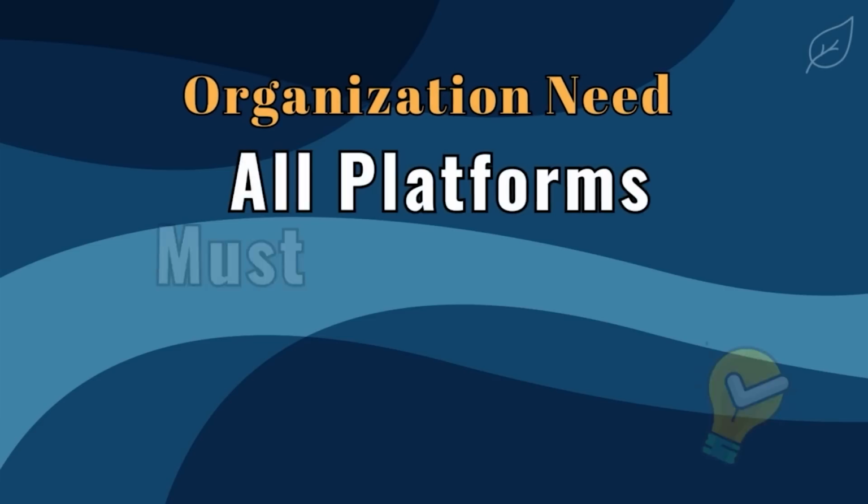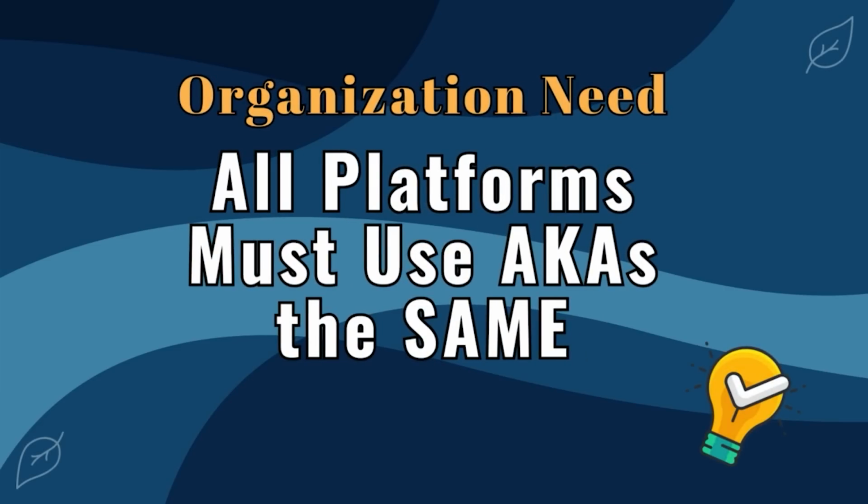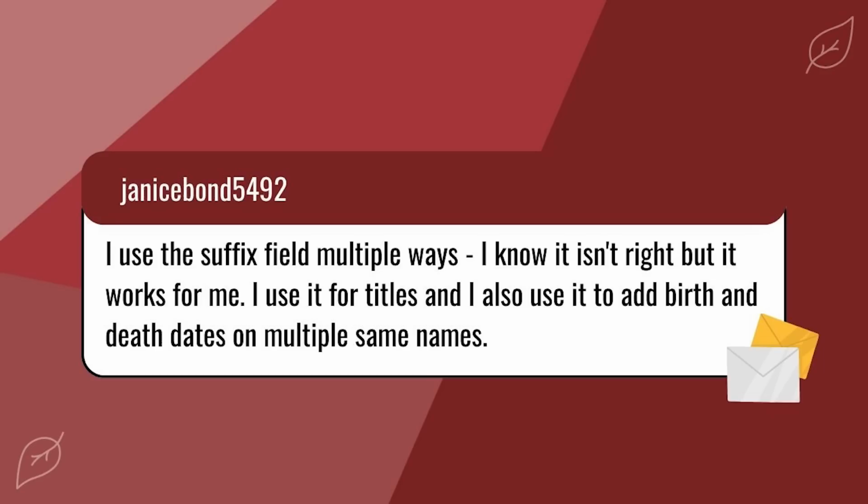So if you have the main name and the also known name, and you want to toggle to the also known name on your pedigree chart or in various reports, that would be awesome. But here's the catch. It has to work the same way across all genealogy programs or we're back to square one.